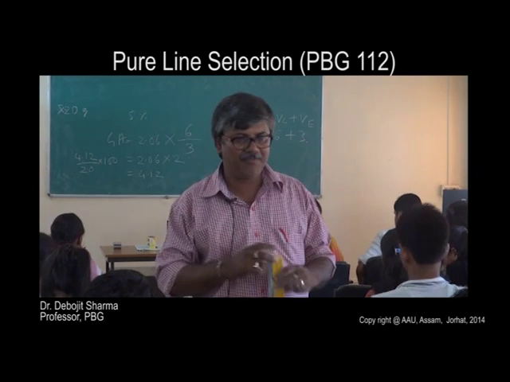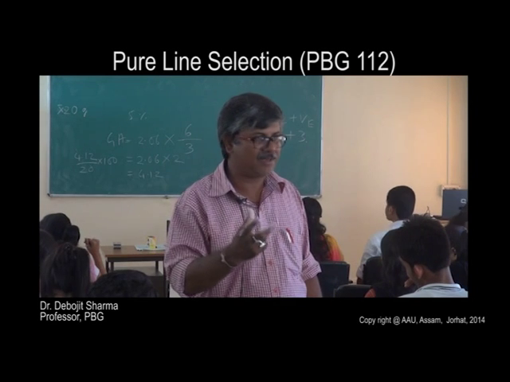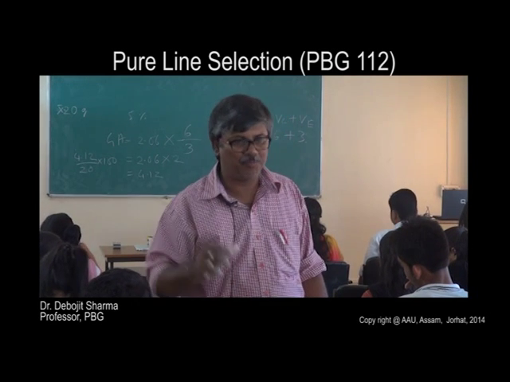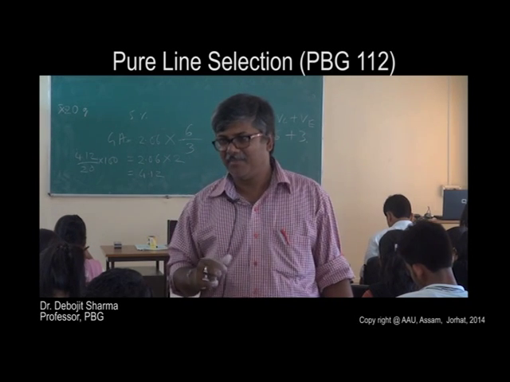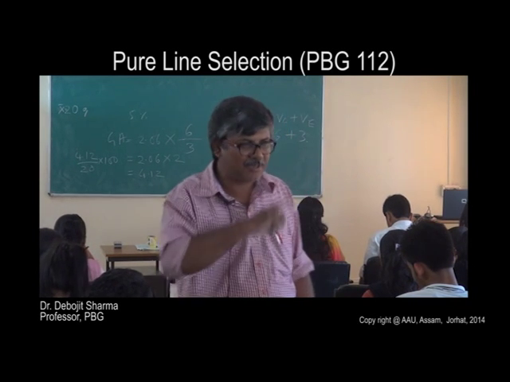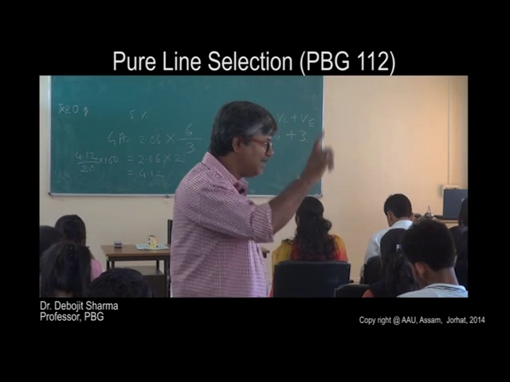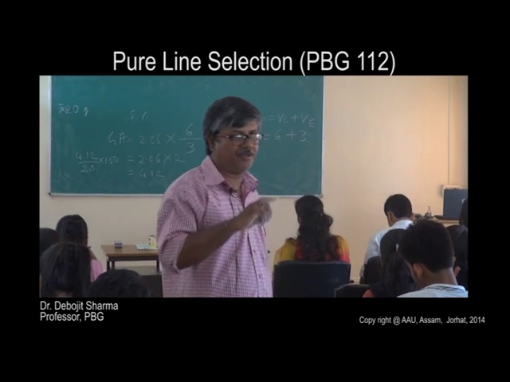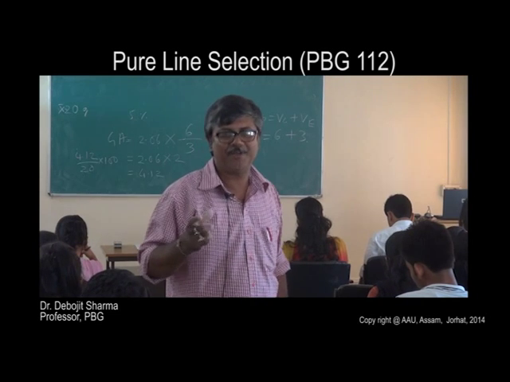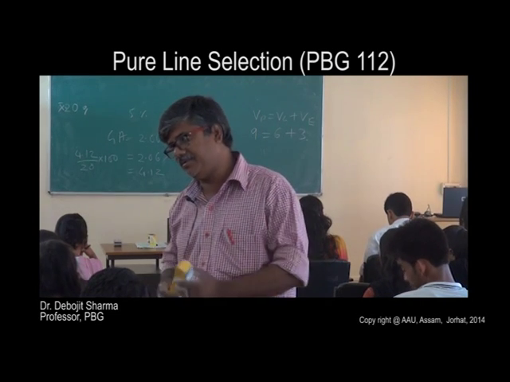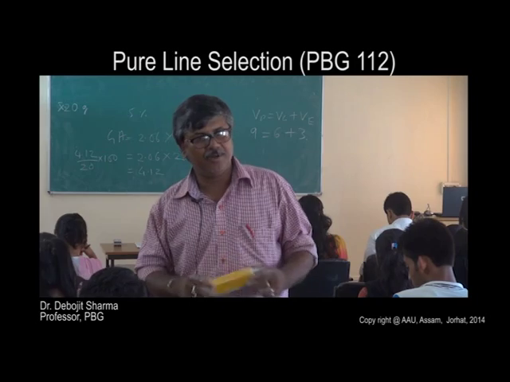Out of 1000 plants, if you take 10 sample plants and take the weight, that will not represent the population. That is the sample mean out of a population. But to represent the population, you will have to take a sufficiently large sample representing the entire experimental area, so as to take care of the variation in the microenvironment. We will again discuss these things.